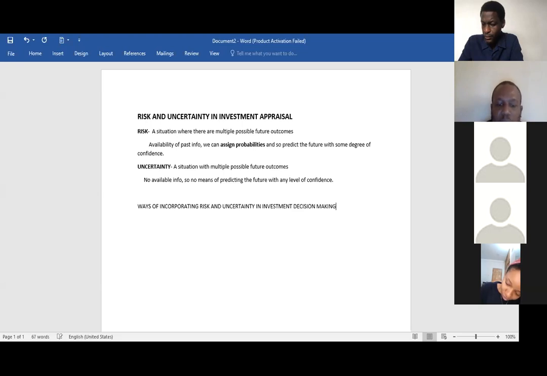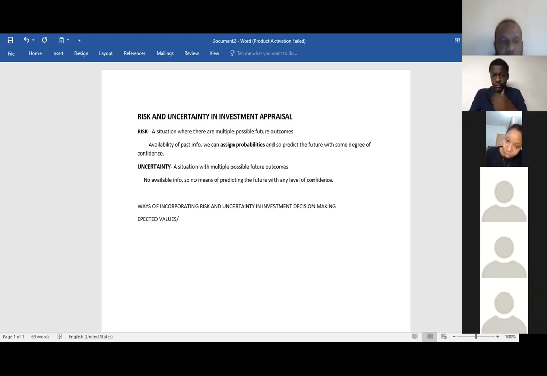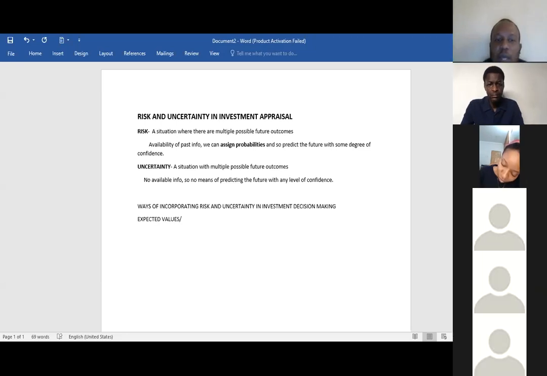This is one of the questions that is very regularly asked. One of them is using expected values or probability analysis.